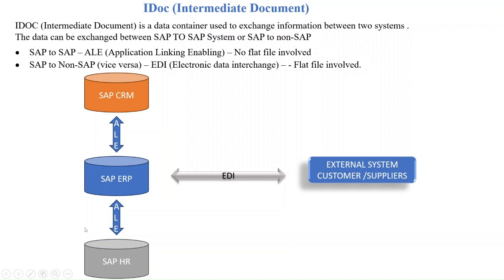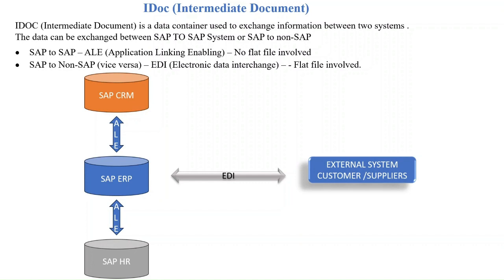All the employee related data will be managed in the HR system, and all the finance related data will be managed in the ECC system. Suppose we want to make the payment to the employee, the data should go into the SAP system. Then only the finance team will understand for which employee they have to make the payment.